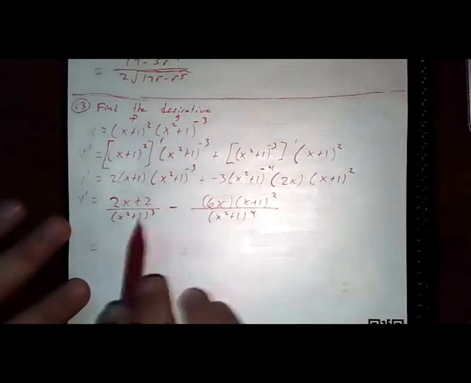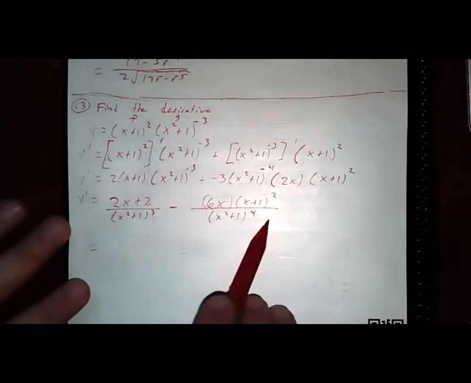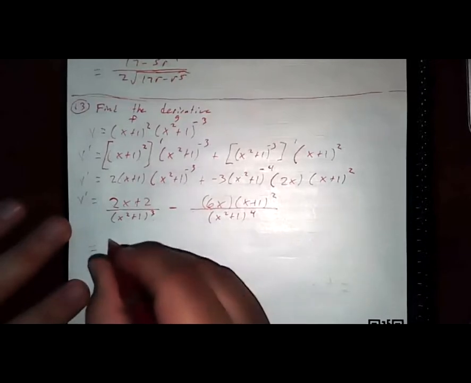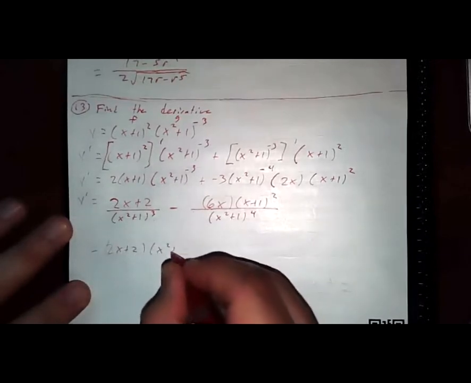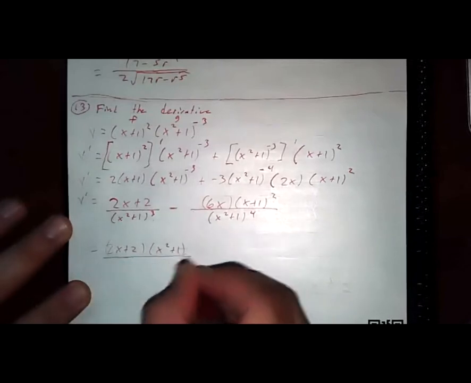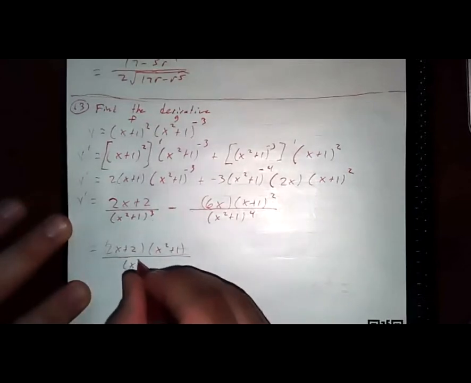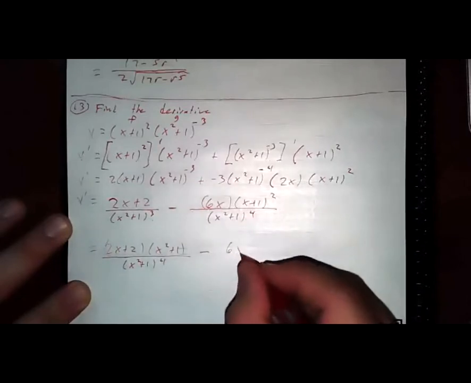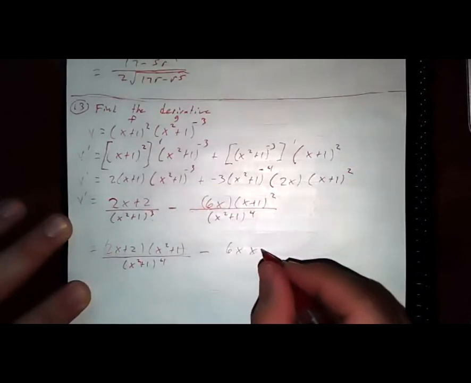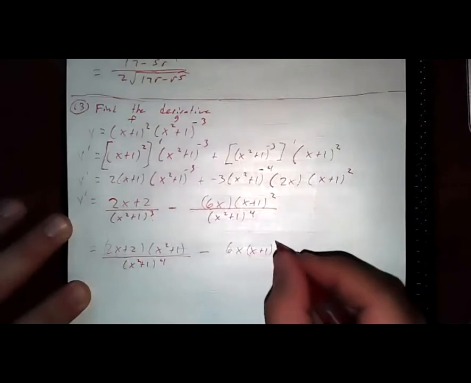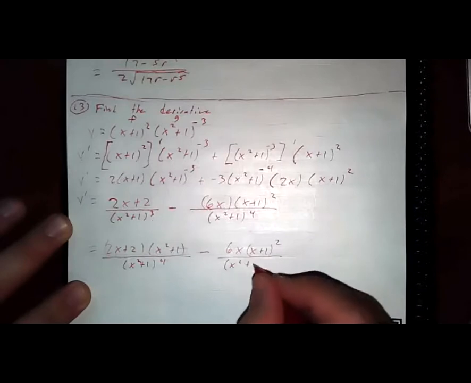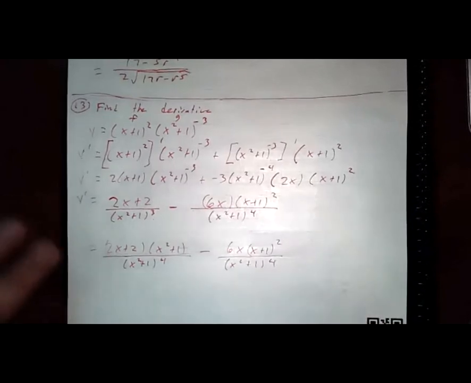All right, so LCD and we're done, right? This is a third power and that's a fourth power. So I need to multiply the top and bottom by this guy. I'm going to skip an LCD step. Hope that's okay. I guess we'll have to review some more on Wednesday.